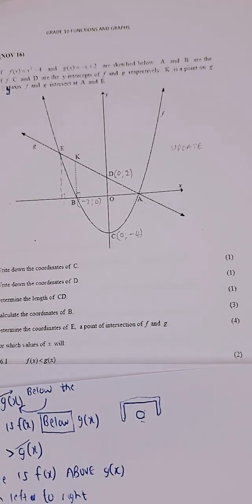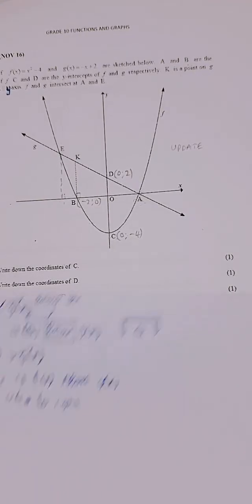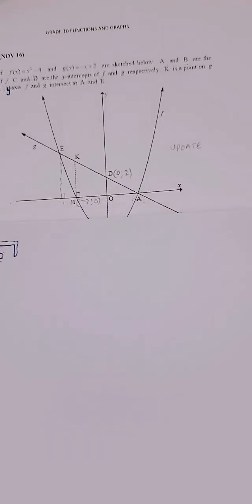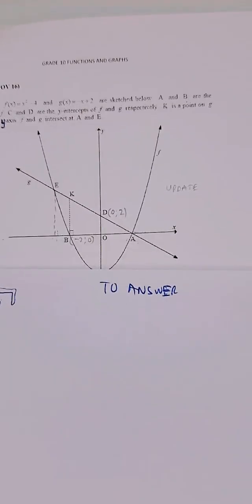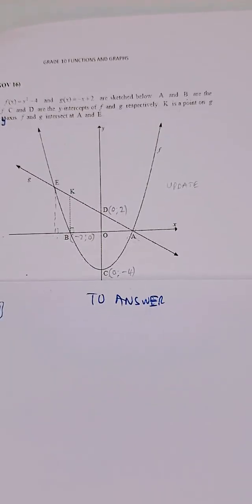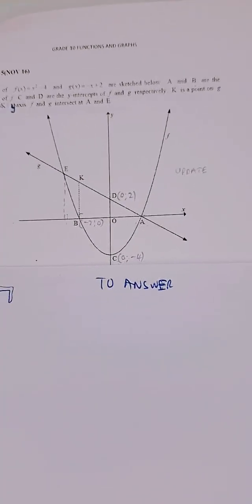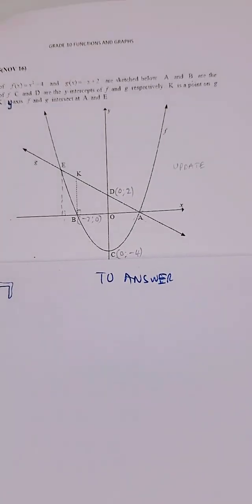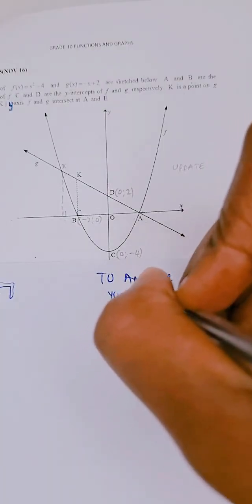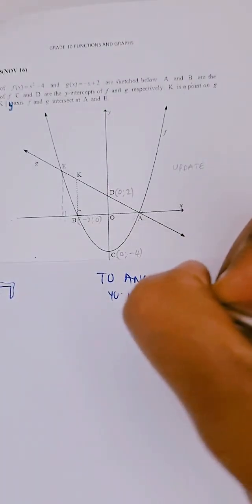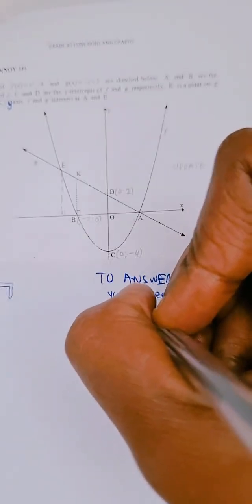Now, let me talk about a few things first. To answer these questions, there are a few things that need to be in place. Before we go into the notes, I need to explain something. To answer, first, you need to understand the question, which I think I've explained.